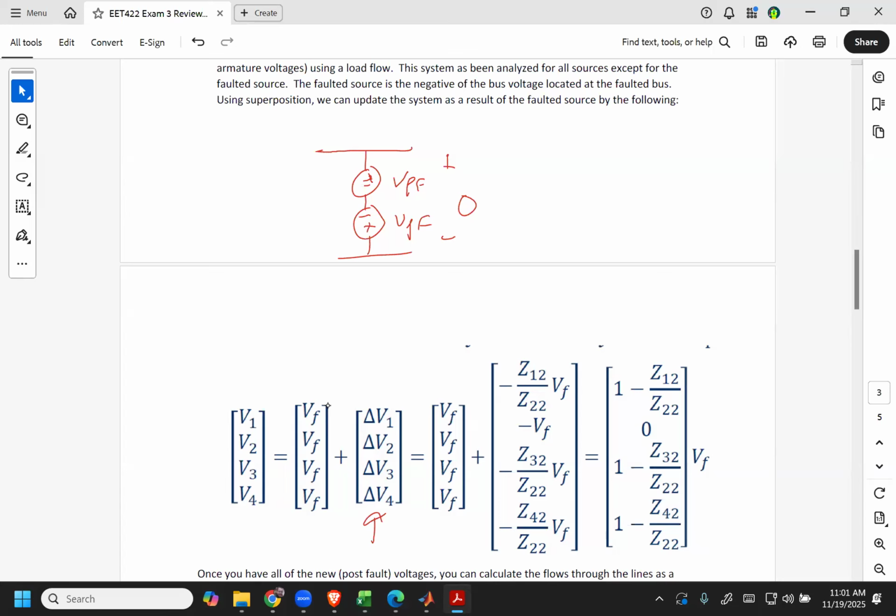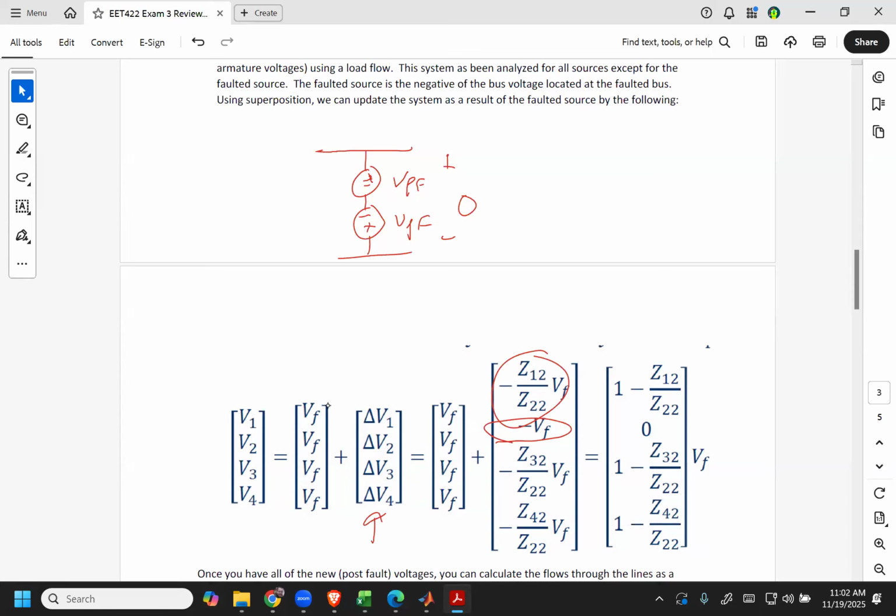So imagining there's a fault on bus 2, our change in V2 is our superposition voltage source there, which is just negative the pre-fault voltage. The other voltages change as a result of using our Ohm's law approach. We have a ratio here: our fault current flowing is VF divided by Z22 at bus 2.